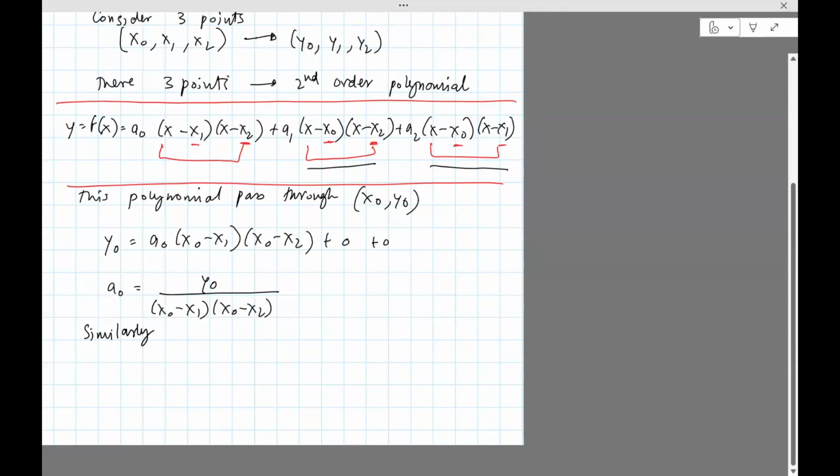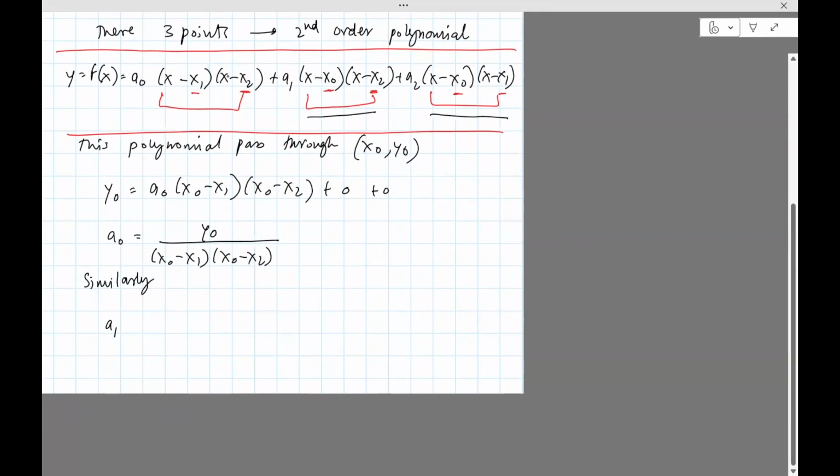Okay, now we can do the same thing with the other coefficients. a1 is going to be y1 divided by x1 minus x0, x1 minus x2. And a2 will be y2 divided by x2 minus x0, x2 minus x1. Okay, you see that you did not have to invert anything.